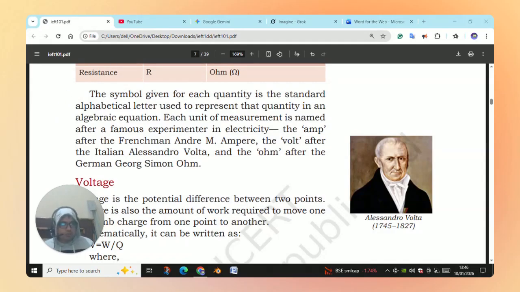The symbol given for each quantity is the standard alphabetical letter used to represent the quantity in an algebraic equation.